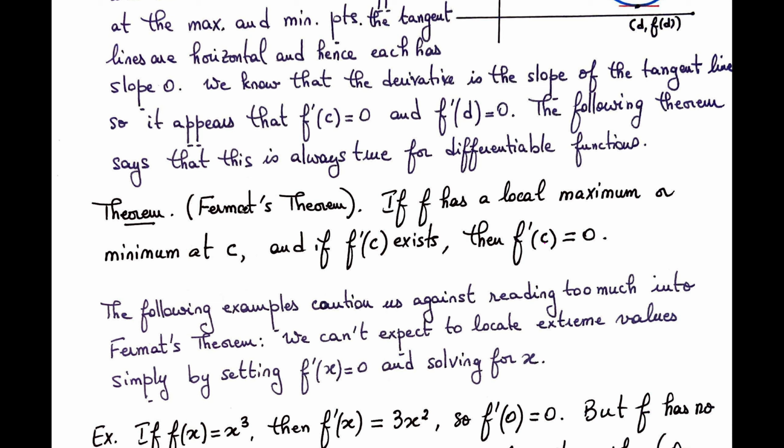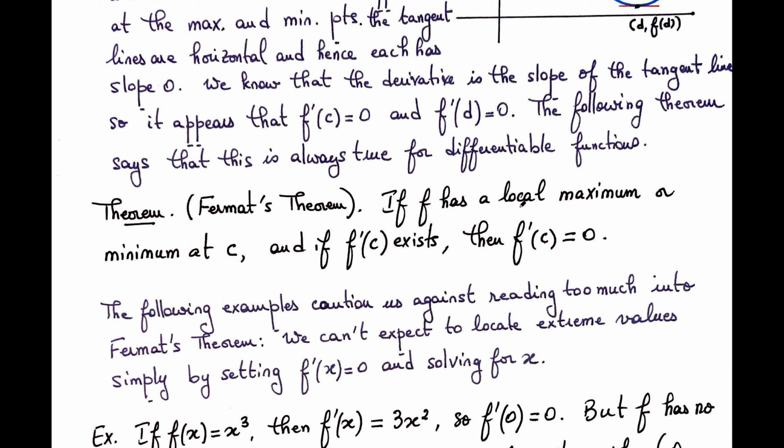And then we can read Fermat's theorem as follows: if f has a local maximum or a local minimum at c, then c is a critical number. We can read it as such.